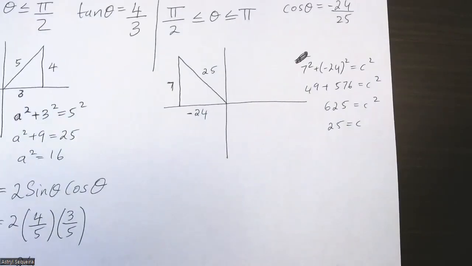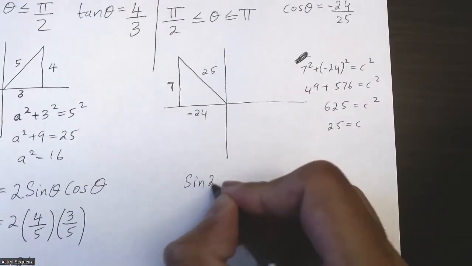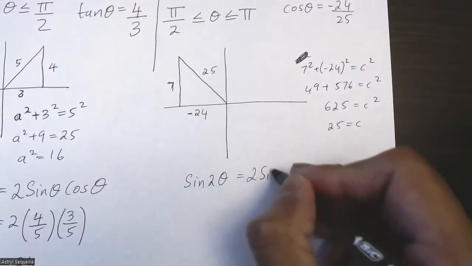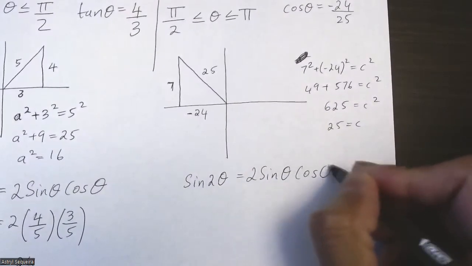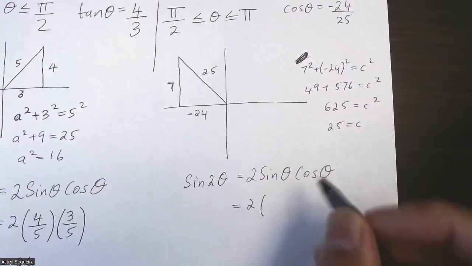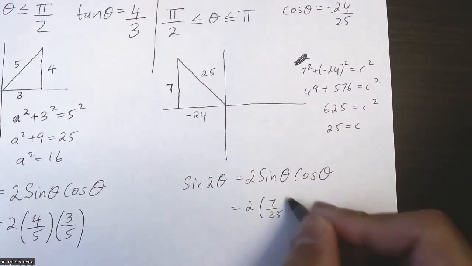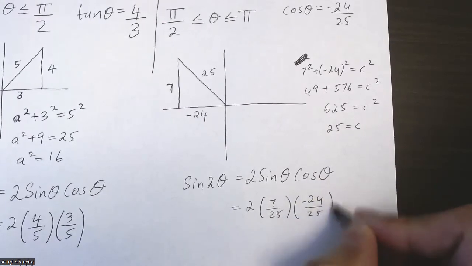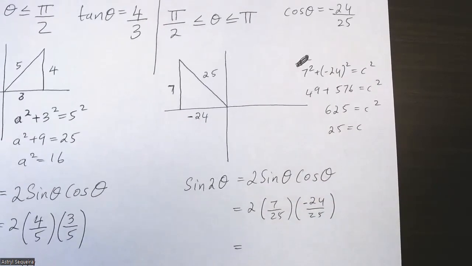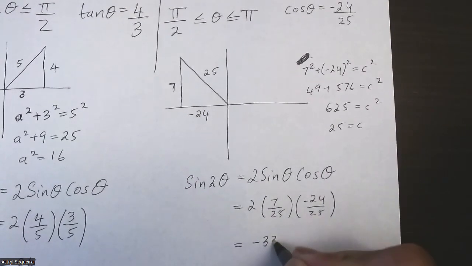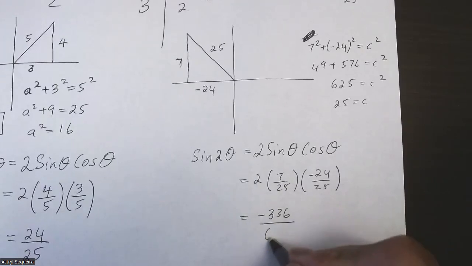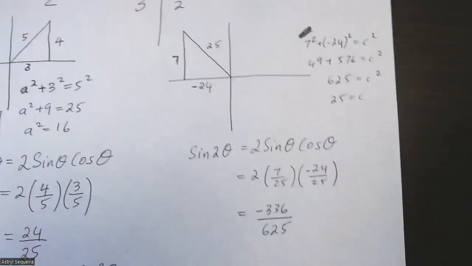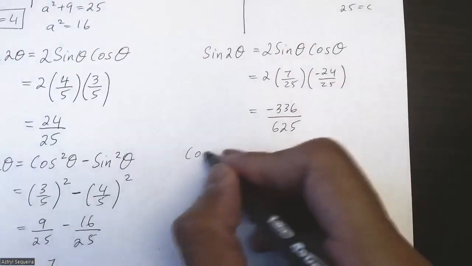Now the steps are pretty much the same. Sine 2 theta equals 2 sine theta cos theta. And we know that sine theta is 7 over 25 and cos theta is negative 24 over 25. And I'll just do this in my calculator. 2 times 7 times negative 24 is negative 336. And 25 times 25 is just 625. We'll do it for cos 2 theta next.